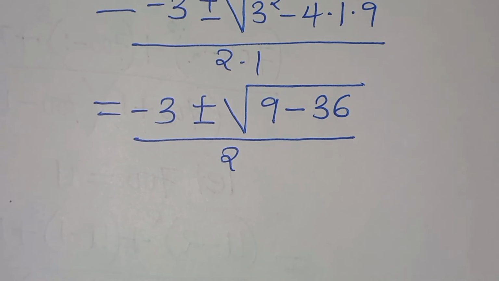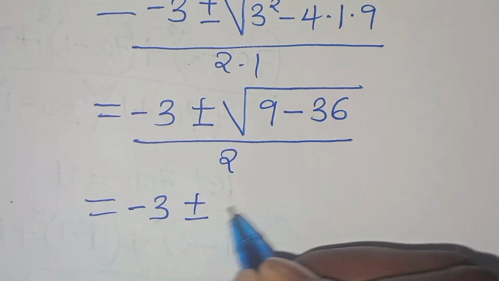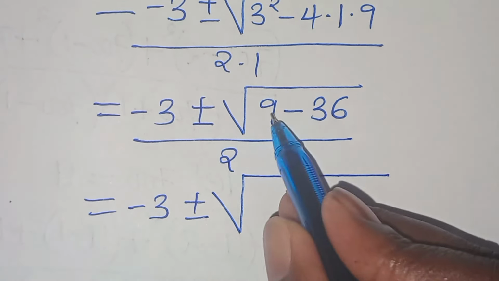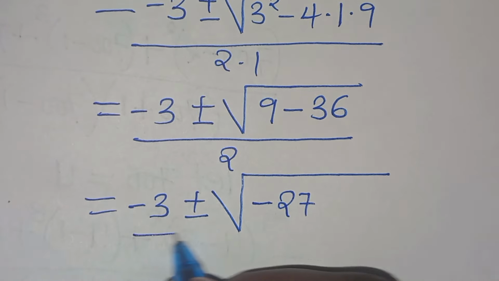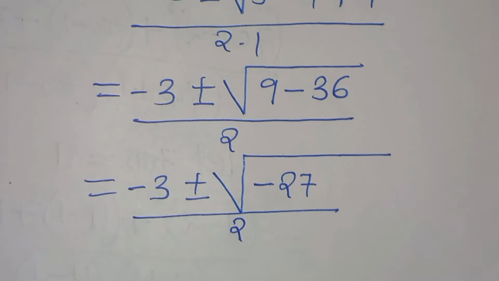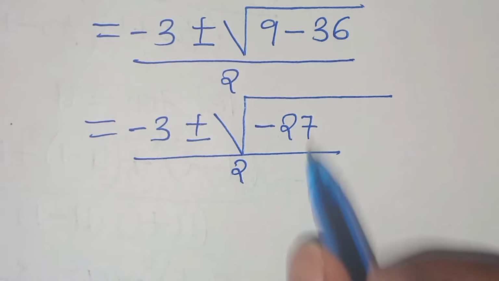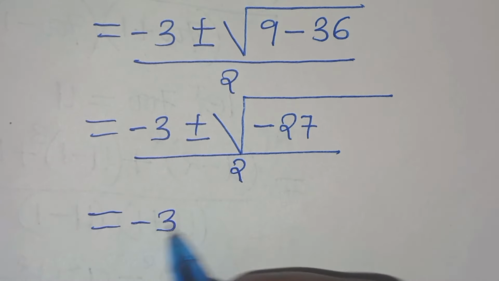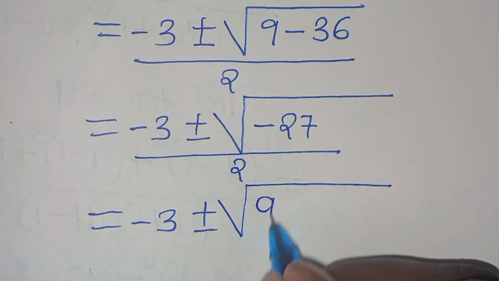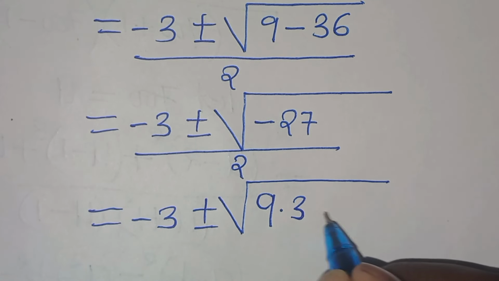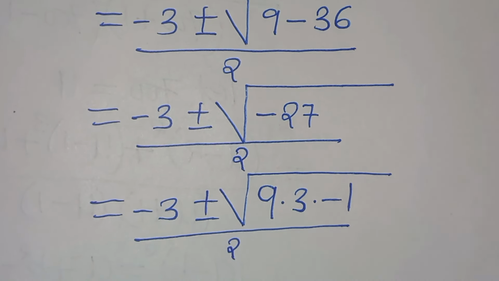Now, this implies that we have minus 3 plus or minus the square root of 9 minus 36, this is minus 27, everything here divided by 2. So we can express the square root of minus 27 as the square root of 9 multiplied by 3, multiplied by minus 1, everything here divided by 2.